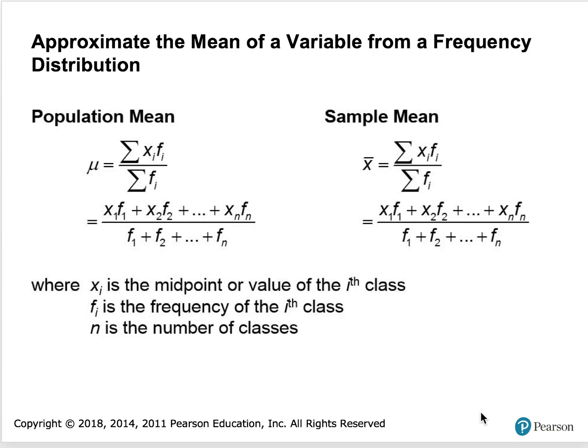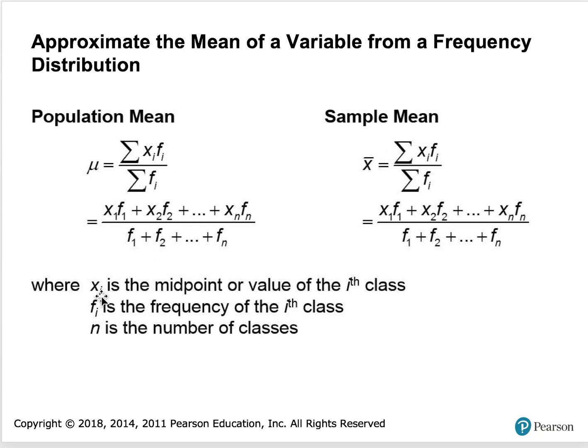So here we have the formulas for the approximate mean of a variable from a frequency distribution table. And notice that they're exactly the same, right? Except if it's population, we call it mu. If it's sample, we're going to call it x bar.